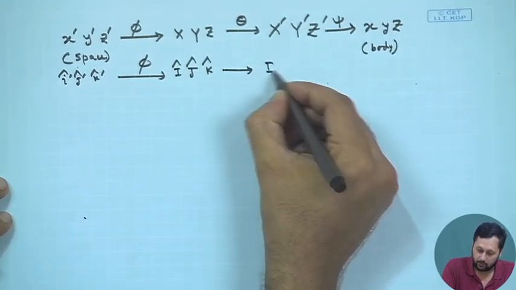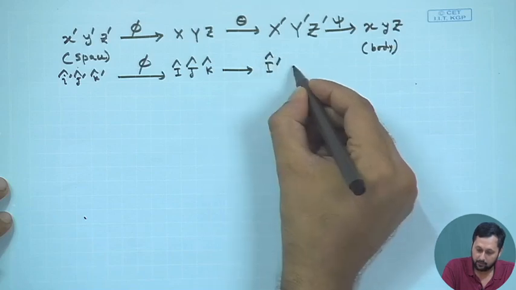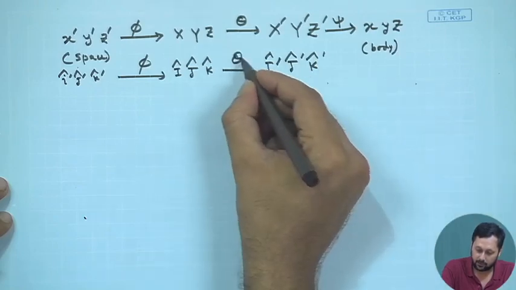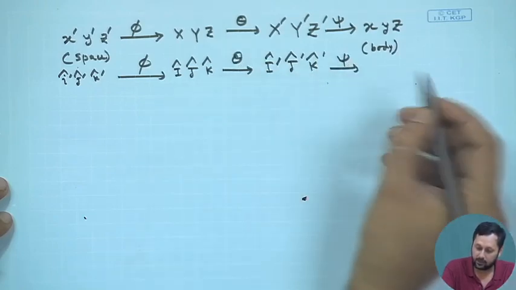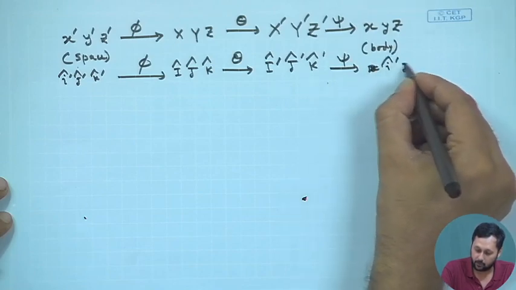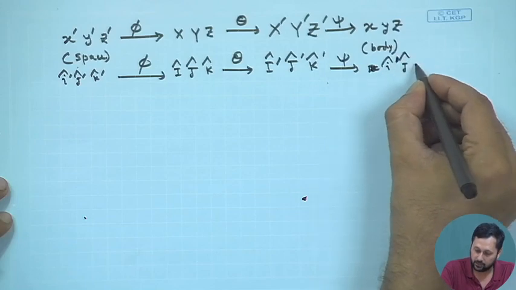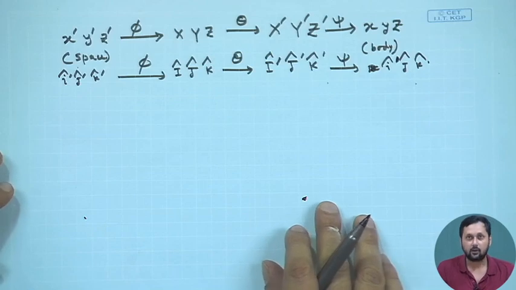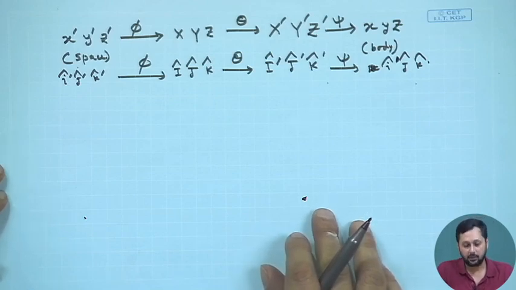Then we have capital I prime, capital J prime and capital K prime for the next theta rotation, and for the final psi rotation we have small i, small j, small k. As I said already, each of these coordinate transformations can be expressed in terms of a rotation. So, essentially we can link up these two sets of coordinates by some rotational transformation matrix.